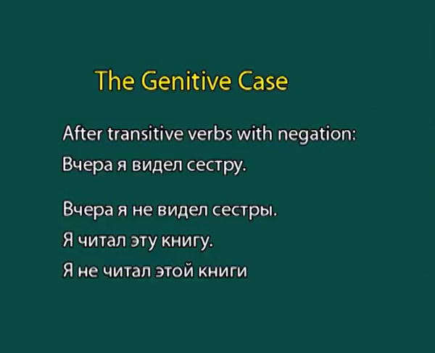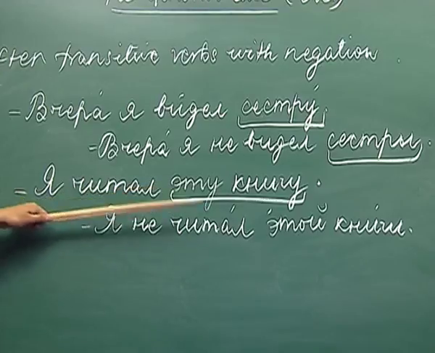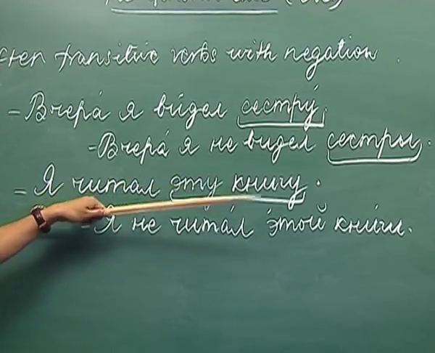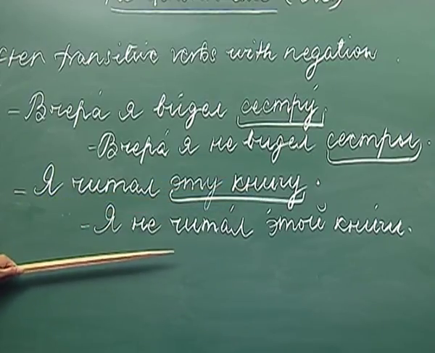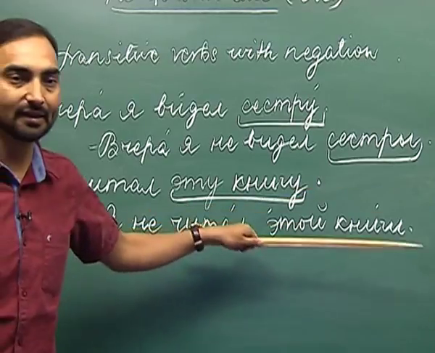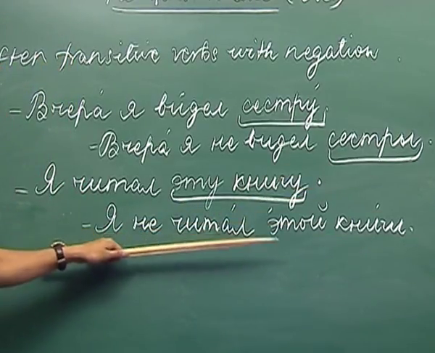The second example: я читал эту книгу, I read this book. This is the affirmative sentence, there is no negation. Я не читал эту книги, I did not read this book.